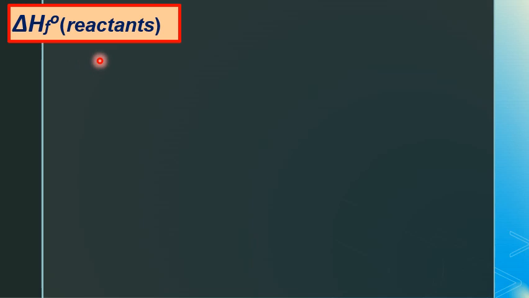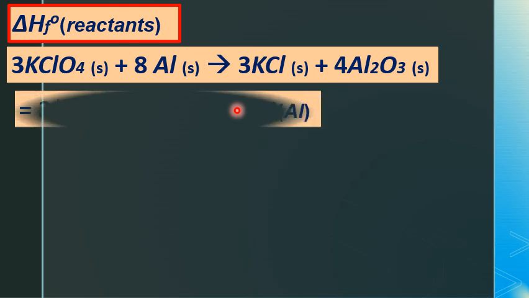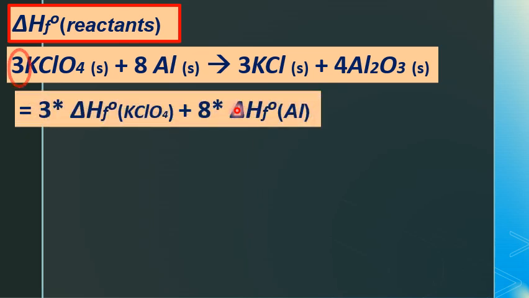Similarly, we calculate the total enthalpy change of the reactants. So we have 3 moles multiplied by the standard delta HF for potassium chlorate, and then plus 8 moles multiplied by the standard delta HF for aluminum.